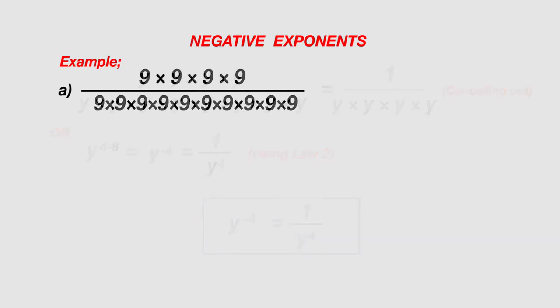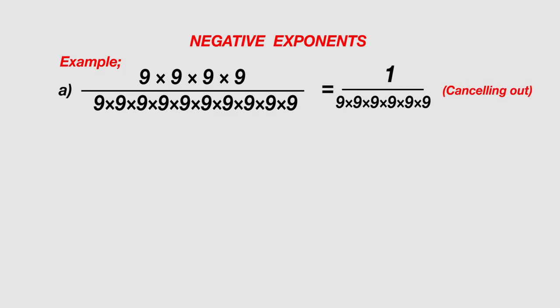Once again, we want to divide 9 multiplied by itself 4 times by 9 multiplied by itself 10 times. You can cancel out. You end up with 1 divided by 9 multiplied by itself 6 times, which is 1 over 9 raised to the power 6. On the other hand, we can use the division law to work the question in exponent form.